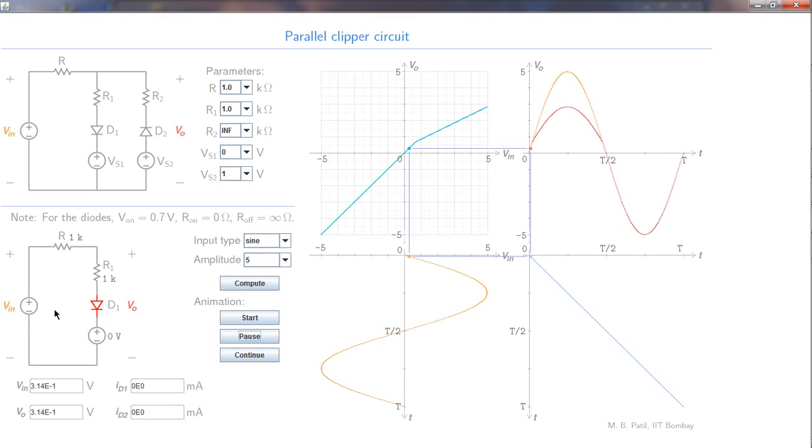The important thing is the slope of the VO versus VI line in that region, and that would be given by R1 divided by R plus R1. In this case, R and R1 are equal, so therefore the slope will turn out to be 1 by 2. So that is the slope here. Okay, let us continue with the animation, and notice how this Vi of t is being traced, and with the help of VO versus VI and this t versus t graphs, VO as a function of t gets constructed.